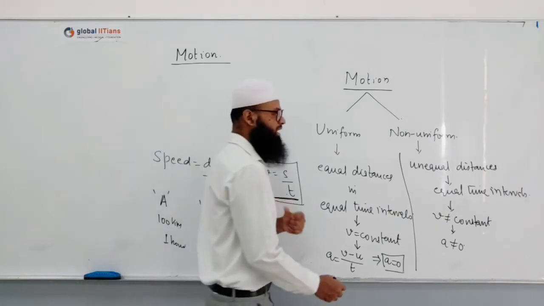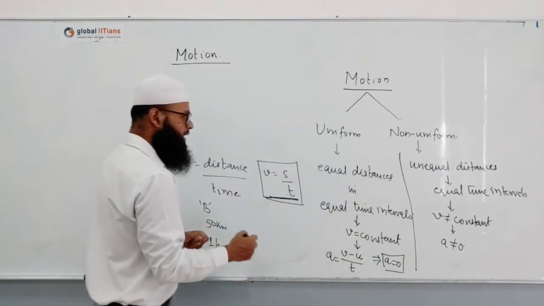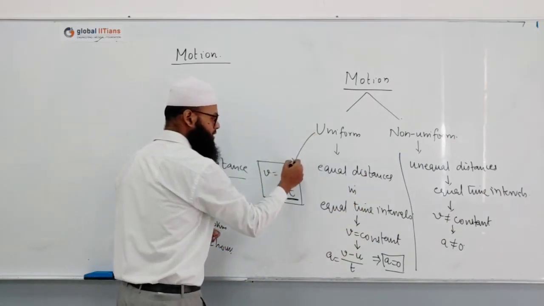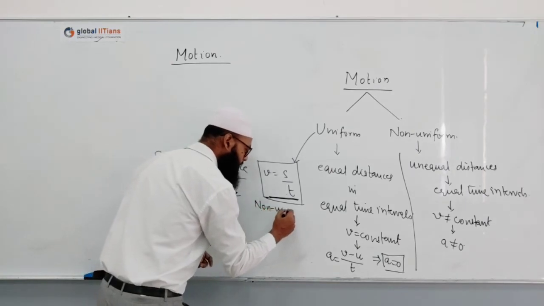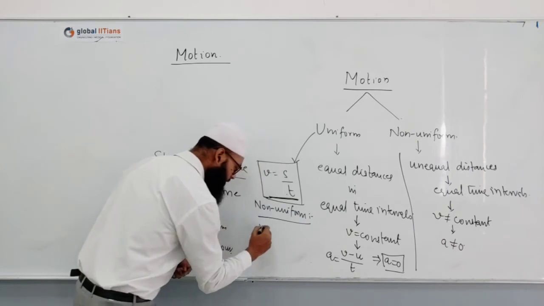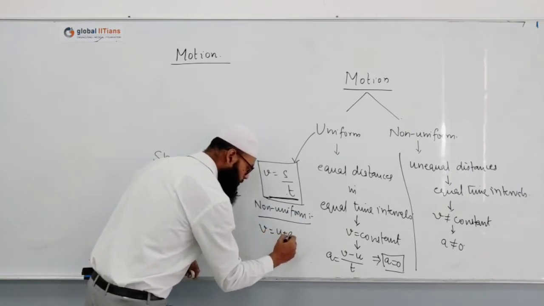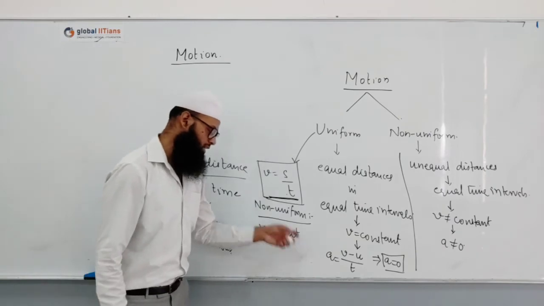So we have certain kinematical equations that we are going to use in case of non-uniform motion. This is for uniform motion. For non-uniform motion, I am going to write the equations. The equations are v is equal to u plus at, for calculating final velocity, initial velocity, acceleration or time.